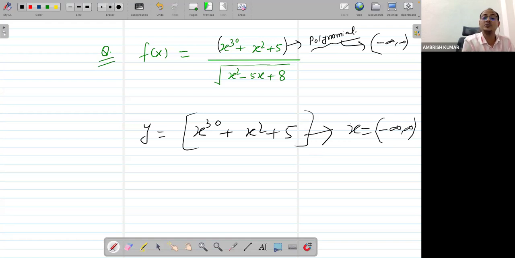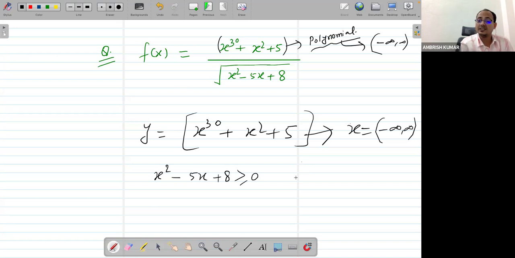Restrictions you will be getting from the denominator. Why? Because in the denominator we are having two things. The first is a square root. So within the square root, whatever you have, that has to be greater than or equal to 0. You can write like this, x square minus 5x plus 8, this has to be greater than or equal to 0.